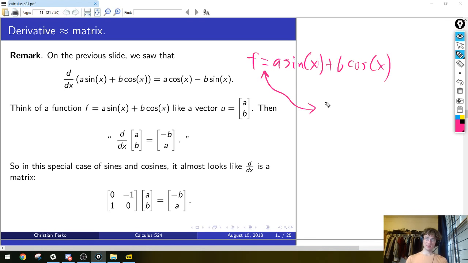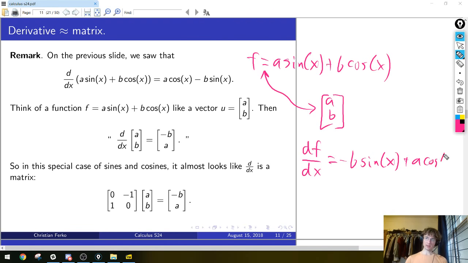Good. We're going to think of this as a two-component vector. So the rule is you just take whatever the coefficient of sine is, put it in the top. Take whatever the coefficient of cosine is, put it in the bottom. Fine. Why would you do that? Well, because we've seen that the derivative mixes those two guys into one another. So the derivative df/dx, which, as I've said, I'm just going to switch the order and write the sine first to make it more obvious what I'm doing: b sine x, a cosine x.